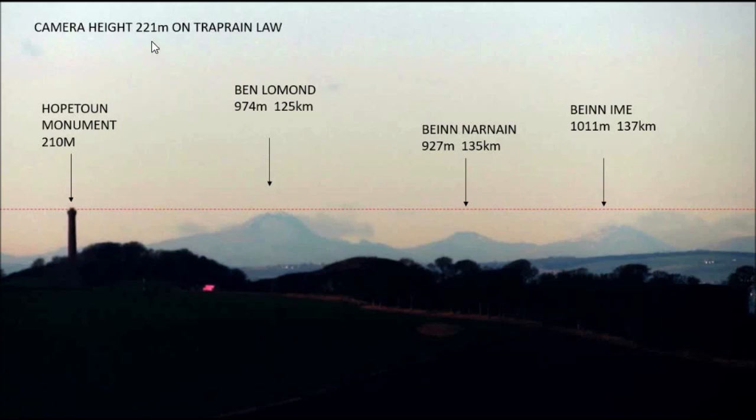But my camera was most definitely above 210 metres, and that should make these mountains drop even lower in the picture. So let's illustrate that point with a couple of real-life demonstrations of how objects behave on a flat surface.